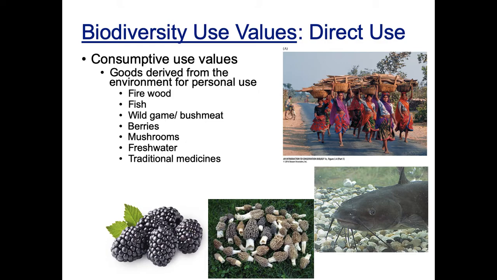Wild game or bushmeat, if you went and collected berries, mushrooms, collected fresh water. And traditional medicines. So these are goods that people go out and gather and use in their own homes. They're not selling them, they're using them themselves. So that's called consumptive use values. And these are some examples.